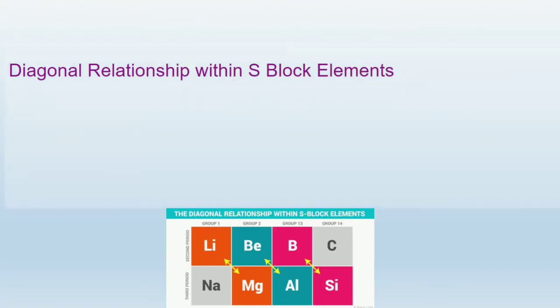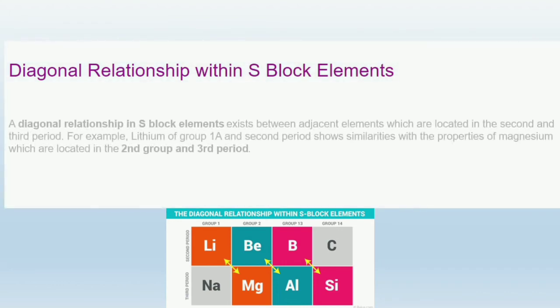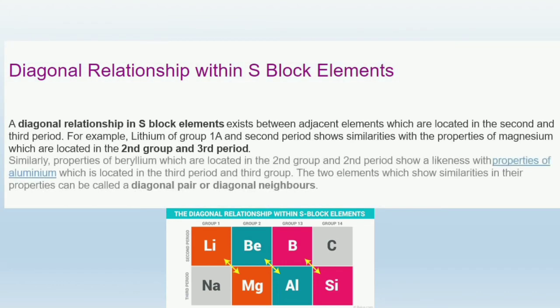So the last is the diagonal relationship within S block elements. In this, a diagonal relationship in S block elements exists between adjacent elements which are located in the second and third period. For example, lithium of group 1A and second period shows similarities with the properties of magnesium, which is located in the second group and third period.